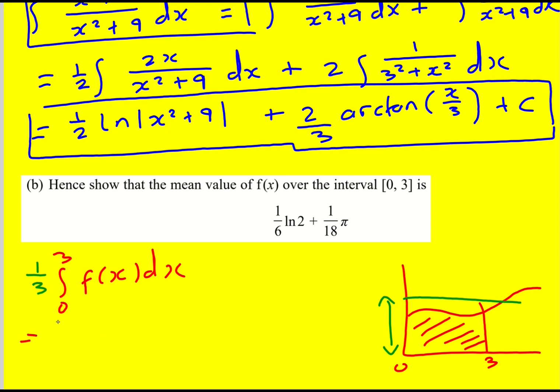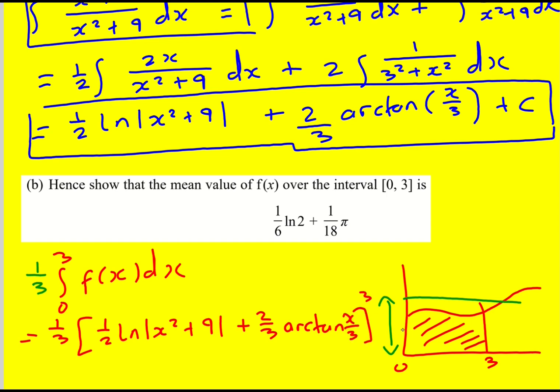And we've got our result, so it's going to be 1 over 3, then in brackets, a half ln of x squared plus 9 plus 2 over 3 arctan of x over 3, and you were evaluating between 3 and 0.